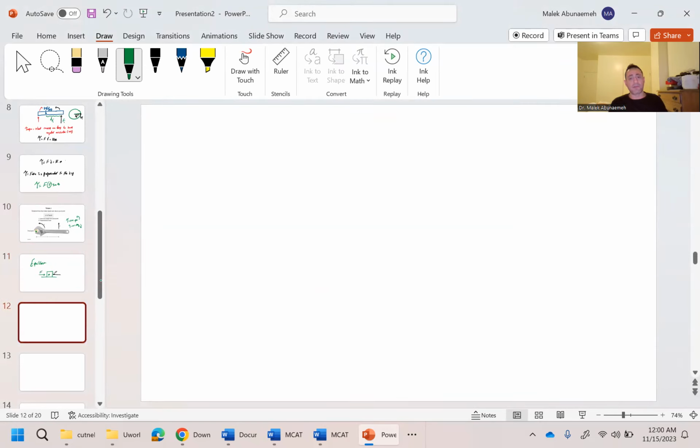And really, when you talk about equilibrium, you're talking about two types of equilibrium. You're talking about static, and dynamic.